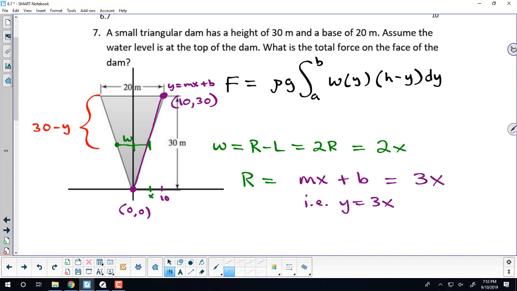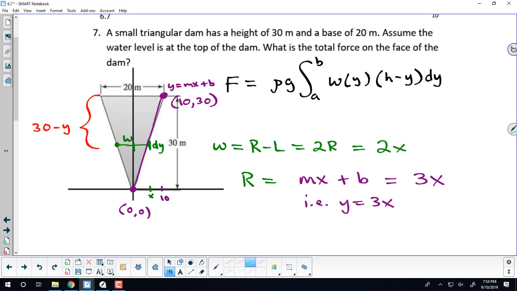So we're using that to say, all right, well, the right function is 3x minus the middle, if you will, and 2 times that. So right minus 0, times 2, gives us the width of that cross section. But again, this is in terms of y, because our cross sections have thickness dy.